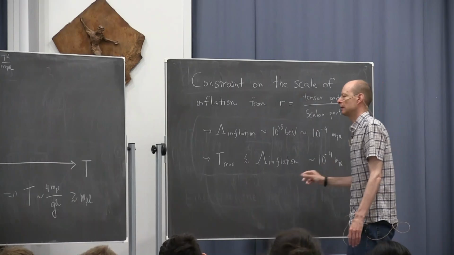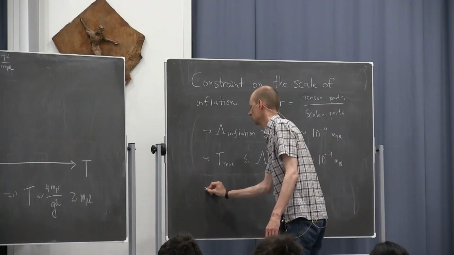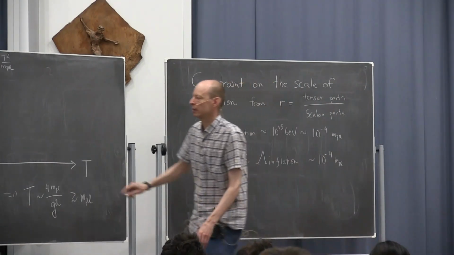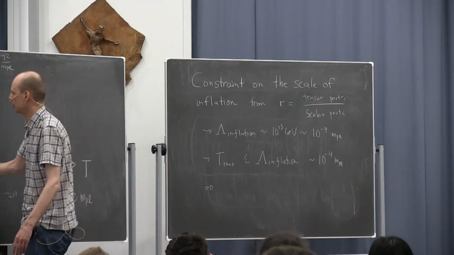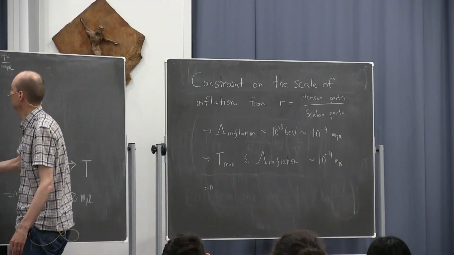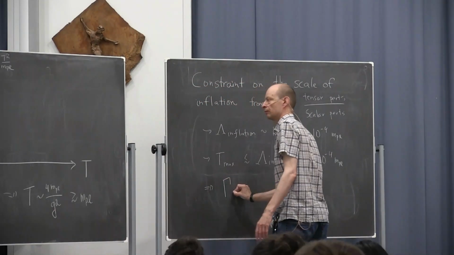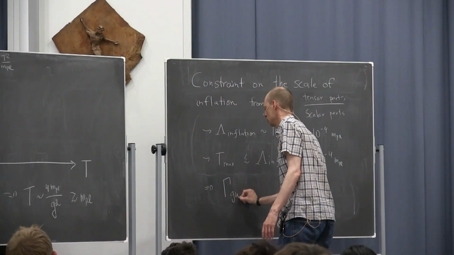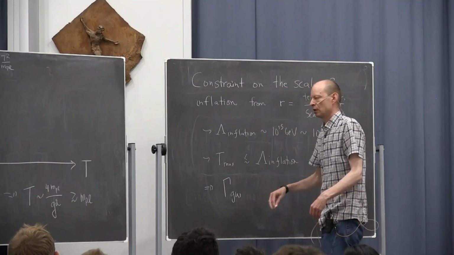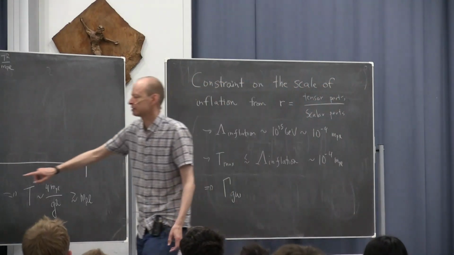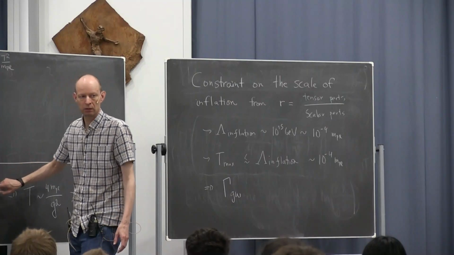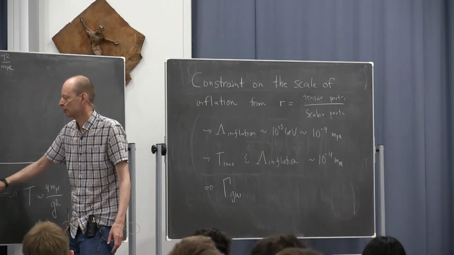And if that's the case, then we are somewhere here, and then the Gamma GW scales with one power less than the Hubble rate.